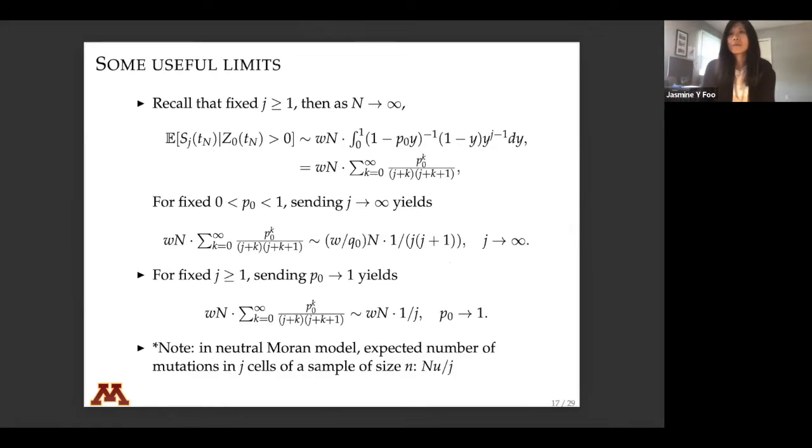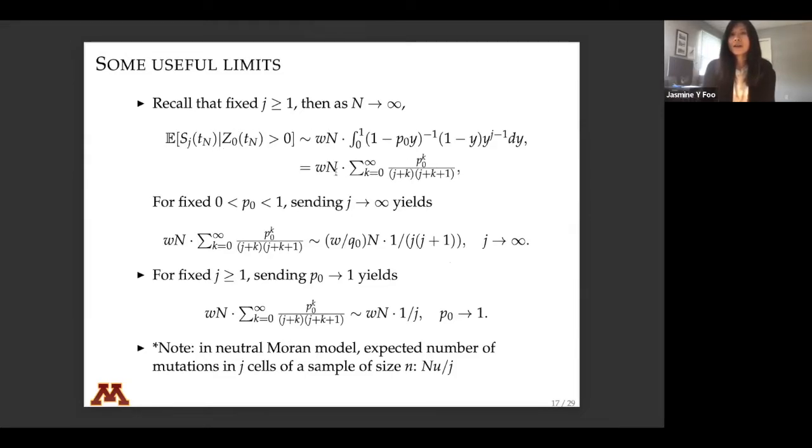So to better understand how changing p0 is going to affect this SFS, let's recall that the expected value of S_j in the large n limit at fixed time T_n behaves like this.